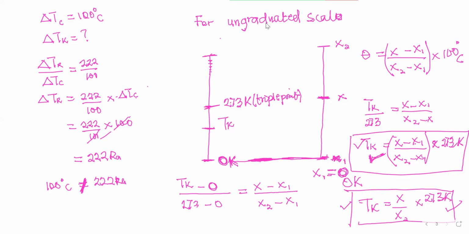Can you come again? A thermometer is found to indicate 90 degrees Celsius at the upper fixed point and 5 degrees Celsius at the lower fixed point.